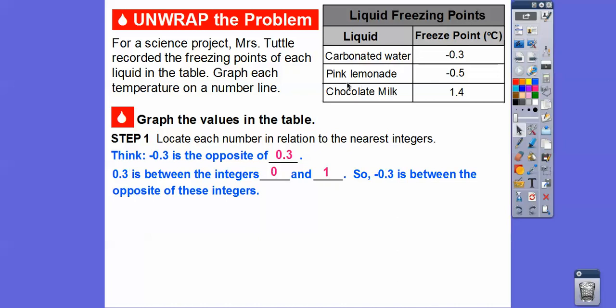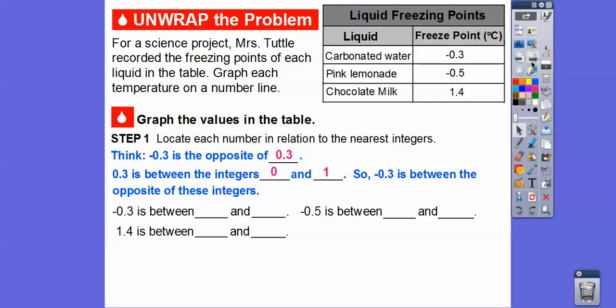So -0.3 is between 0 and -1. And similarly, -0.5 is also between the integers 0 and -1.